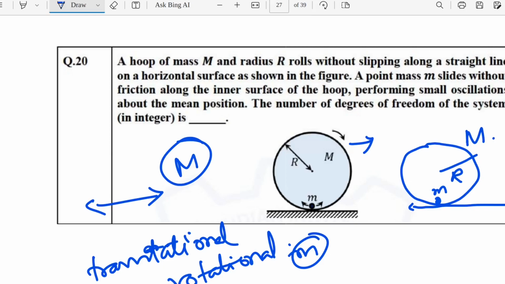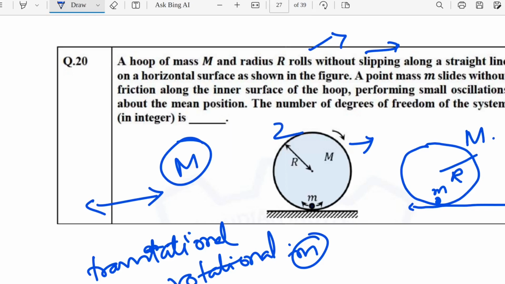It is purely translational motion for small mass m, and for capital mass M it is purely rotational, because you can see that our M is rolling without slipping. If there is some slipping, from that slipping also there can be some constraint coming, but as it is purely rotational and purely translational for small m, the degrees of freedom will be simply 2.